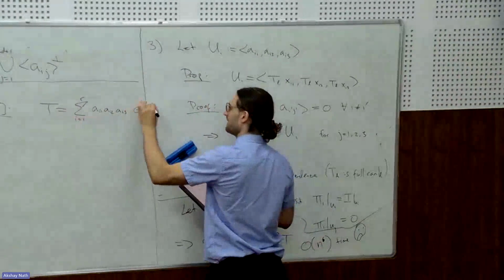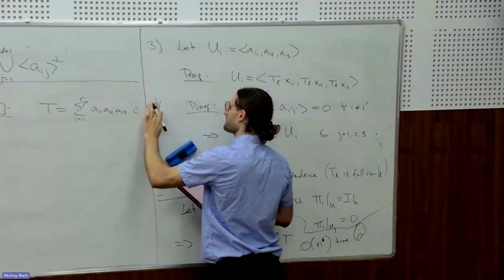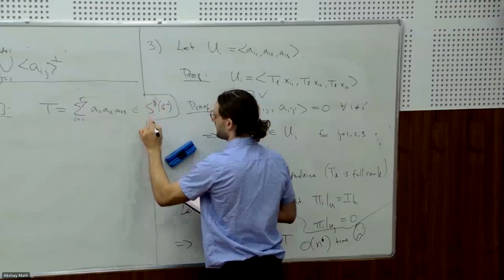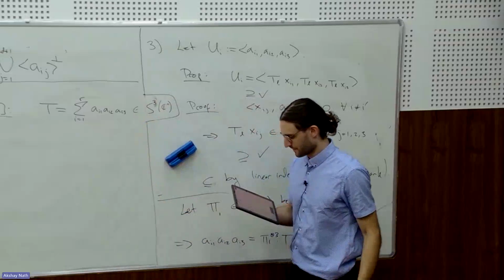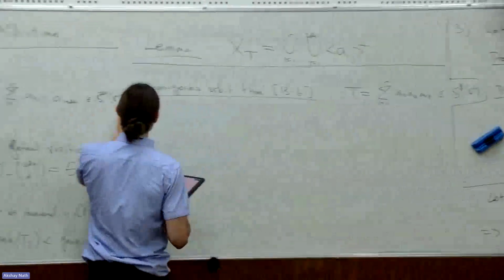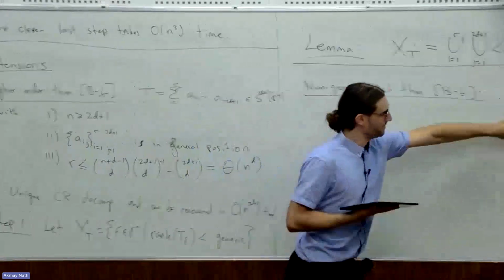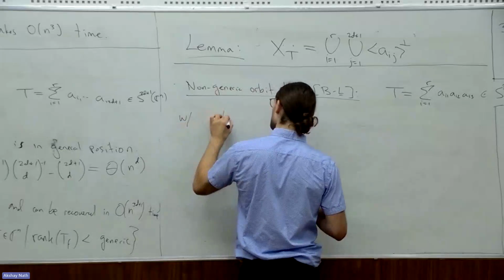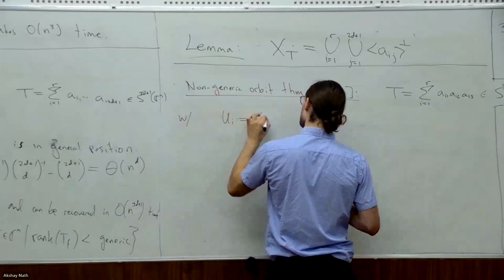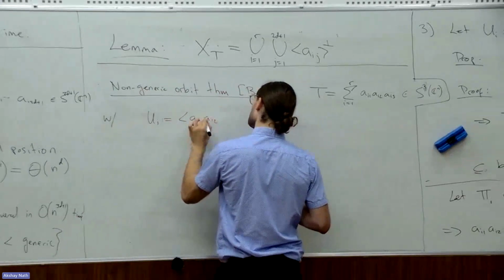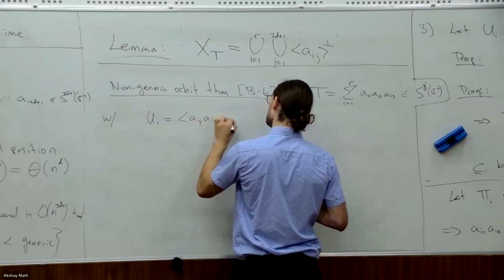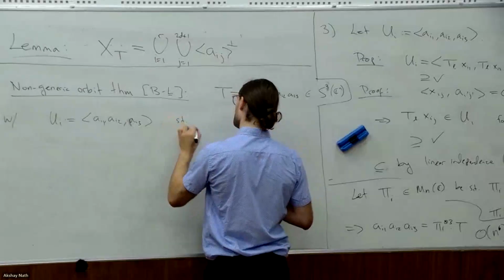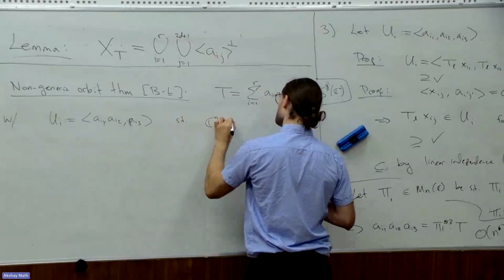I'm living in S3 of Cn. Now I'm going to relax the condition we had before that all these AIJs were linearly independent. I'm only going to enforce that these UIs, the span of AI1, AI2, AI3, are such that Cn is a direct sum of the UIs.